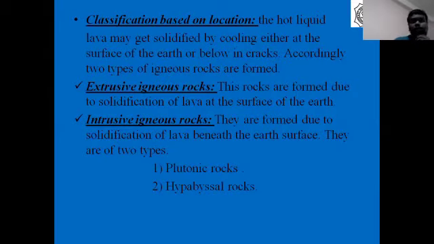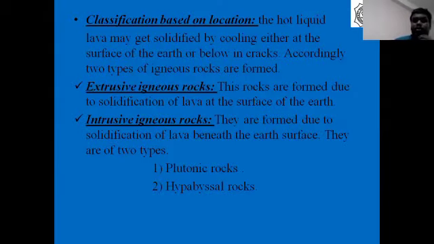The word plutonic is a Greek word, from Pluto, which means the god of the underworld. Obviously, these rocks have been formed by solidification of lava.